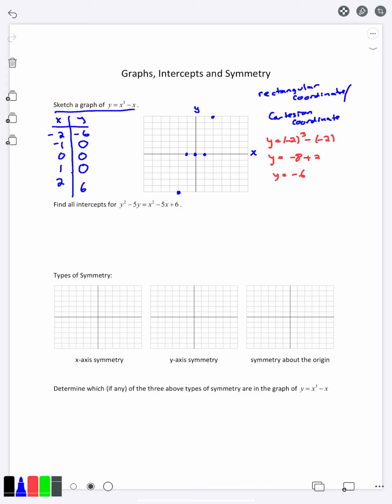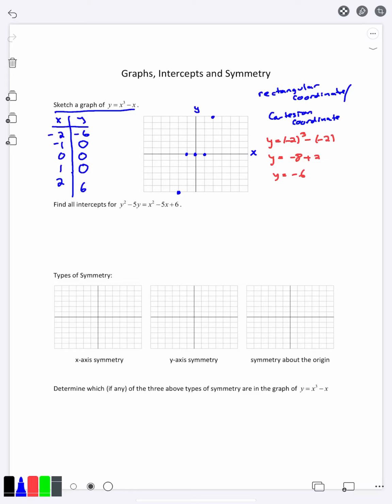I chose those numbers because they're nice whole numbers and not too much trouble to plug in. But if you look at our graph now, trying to connect the dots won't give you a very accurate graph. At this point you'd really want to plug in other values, maybe not always whole numbers, like 0.5 or negative 0.5.